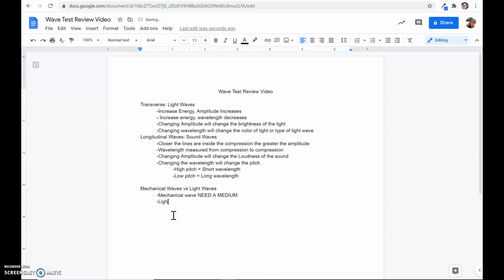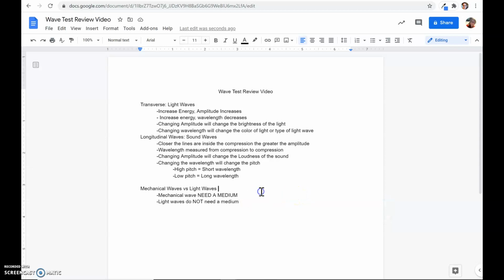Whereas light waves do not need a medium. Thinking about outer space, mechanical waves cannot travel through outer space because outer space is a vacuum. There's not enough substance, there's not a gas out there that the mechanical waves can travel through. Whereas light waves do not need a medium, so light waves can travel through space because they don't need a substance to travel through.